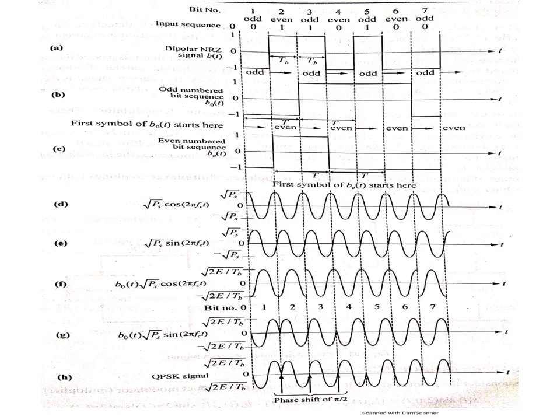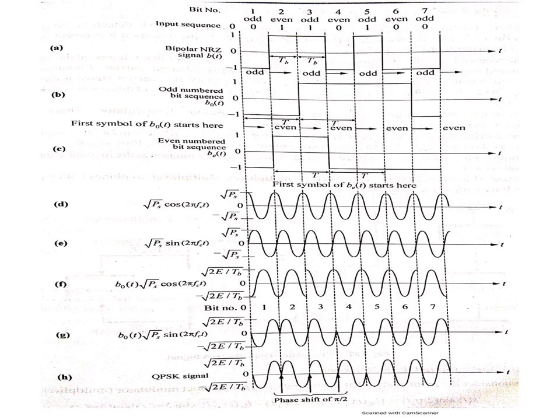Next is the waveform representation of the total basic block diagram for generation of the QPSK signal. The first part, A, represents the input bit sequence, which is 0 1 1 0 1 0 0 1, 7 bits are represented here: 0 1 1 0 1 0 0.